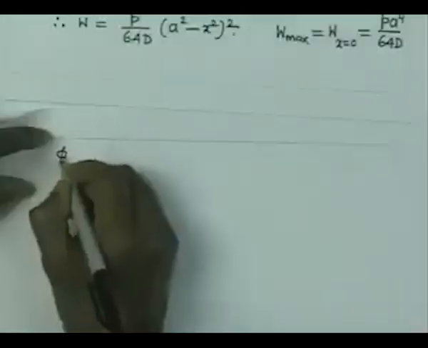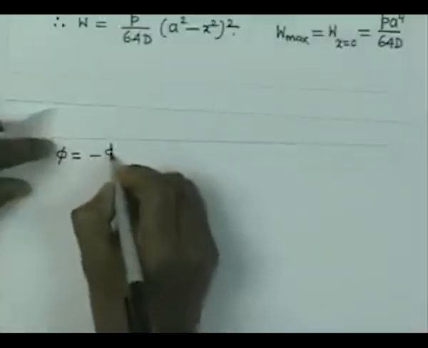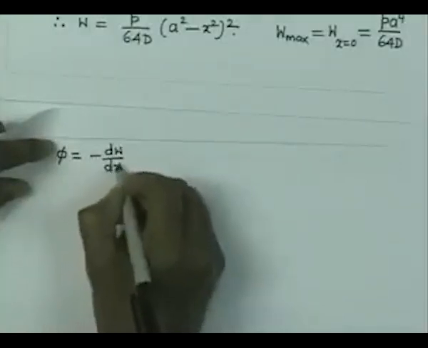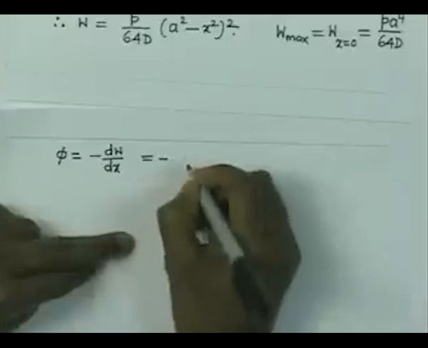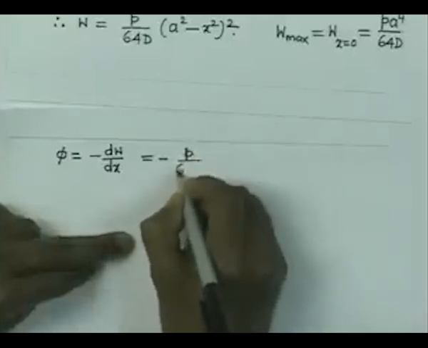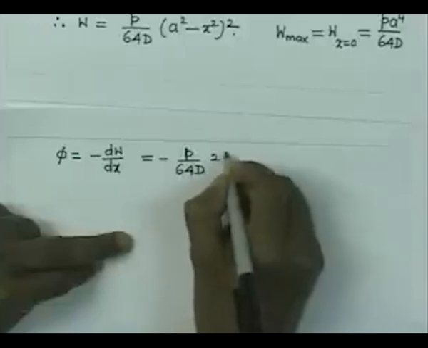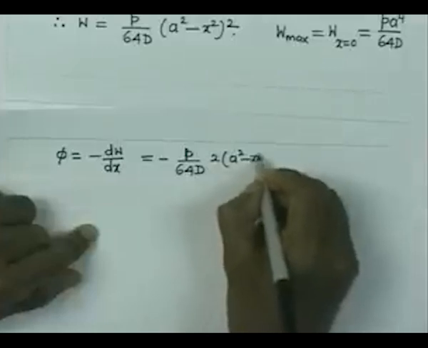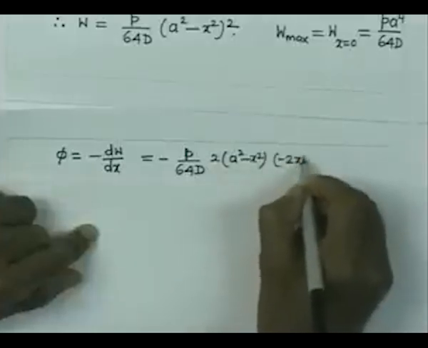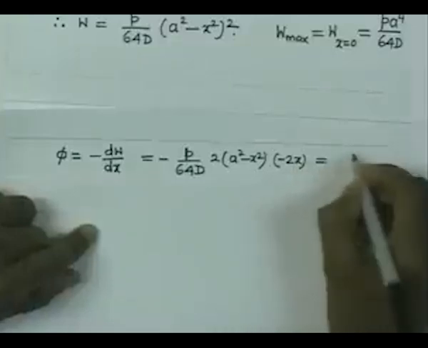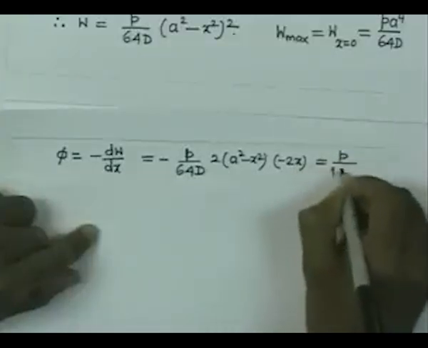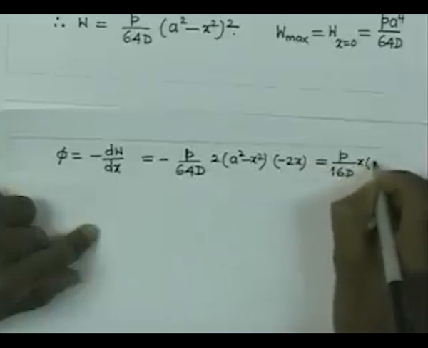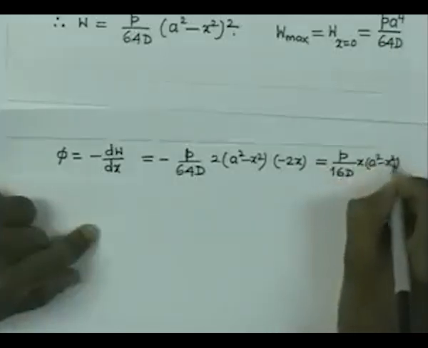For doing that, we will have to find the radius of curvature, and therefore we will write phi as minus dw/dx, which is equal to minus P by 64d times a square minus x square whole square differentiated. We make use of this relationship, and we have this multiplied by 2x, which is nothing but P by 16d x into a square minus x square.